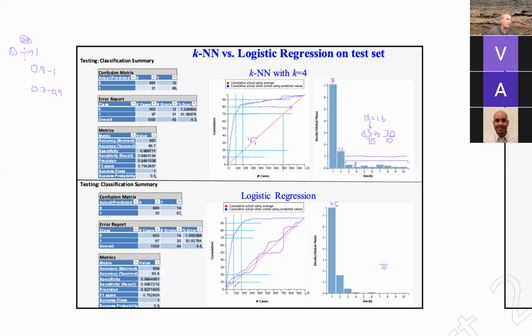Which is, you know, 7.5 over 10. So the way you compute the decile chart, if he were to give you an ROC curve and ask which decile chart matches that ROC curve, you're going to literally do what I just did, delta X over delta Y. Really, you're looking at where was the y for the average, the red line, and where was the y for the line of the algorithm.